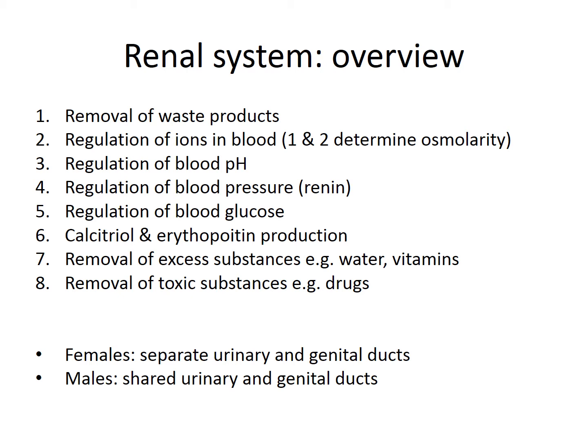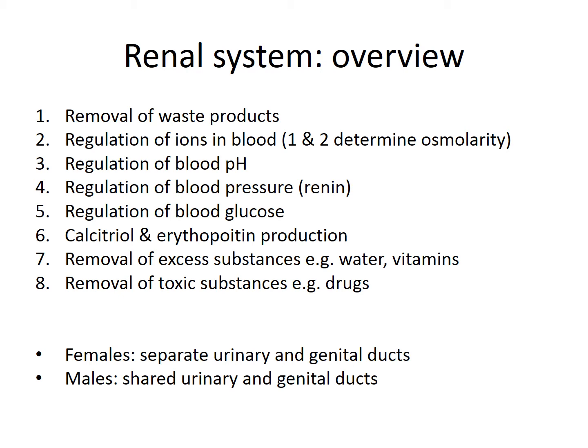And the 2 points I've made at the bottom here concern the anatomy of the renal system. In females, the urethra and the vagina are separate, and so the genital and the urinary ducts are separate. And so it's possible to have a urinary tract infection, perhaps even a kidney infection as a consequence, in isolation and not involving the genital tract.